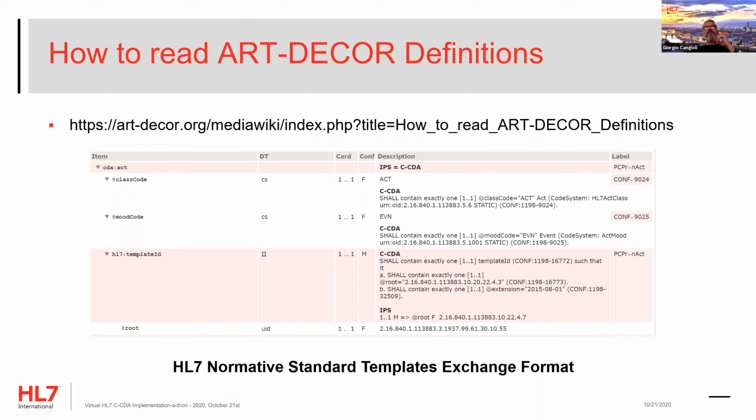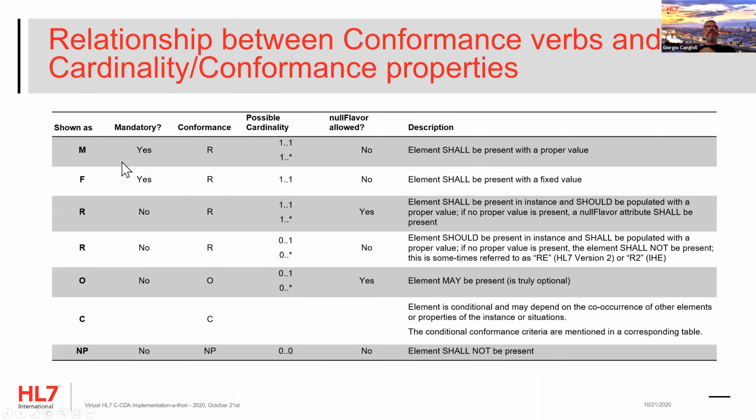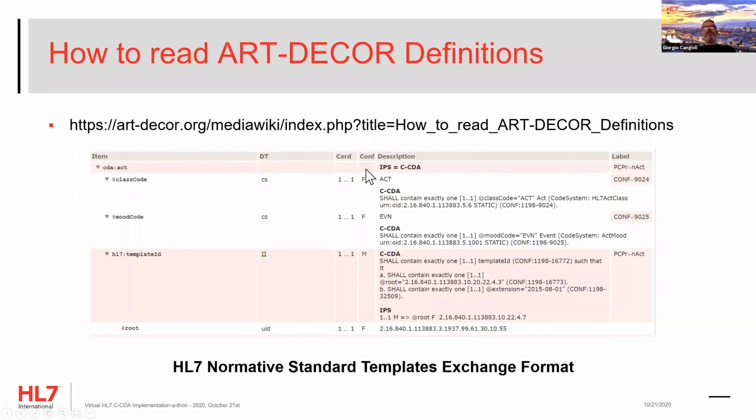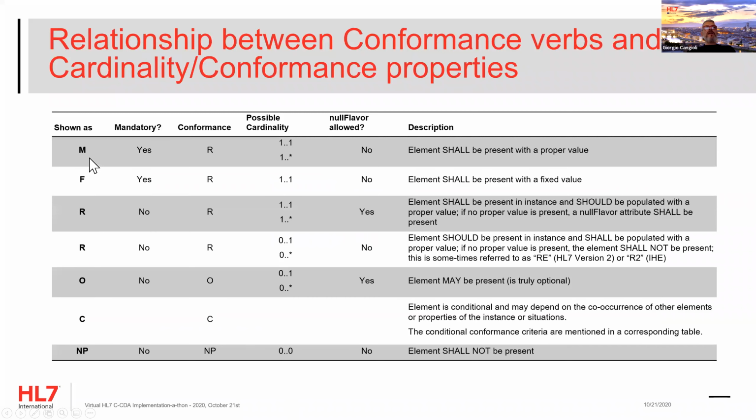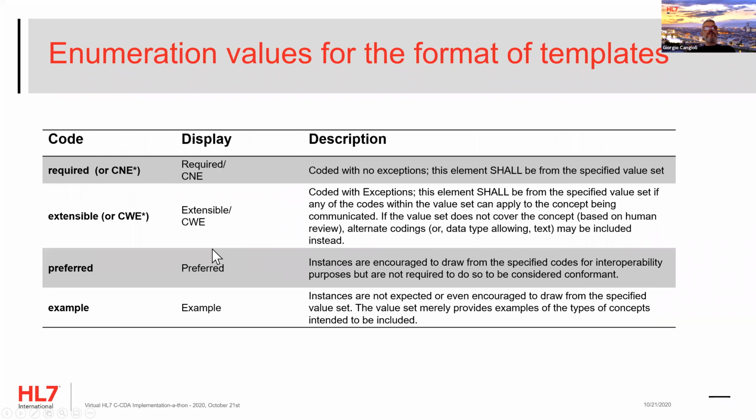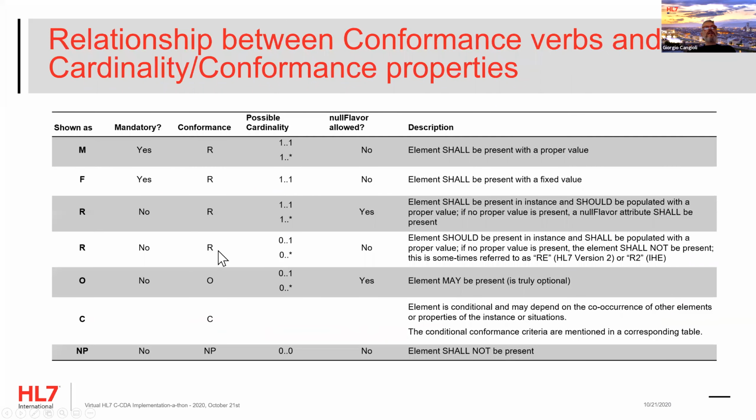So the only thing that you need to consider is that in the table, in the conformity, you will find some labels like F, M, or R. I think that the meaning of M, mandatory, is quite straightforward. The only difference that sometimes is confusing is when you have a conformance required and the cardinality 0..1.